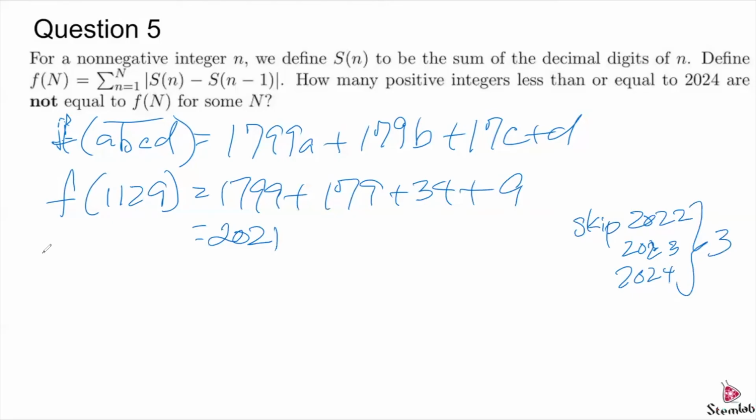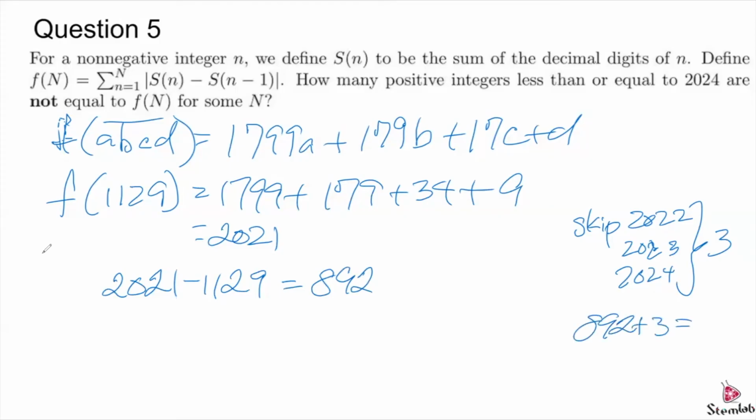And in addition, there are also 2021 minus 1,129 numbers that were skipped, which is 892. So the numbers below or equal to 2024 which cannot be values of f of some n, there are actually 892 plus 3 of them, or 895.